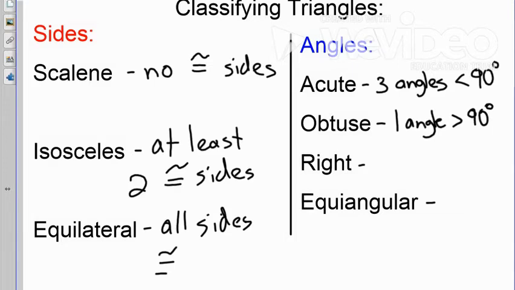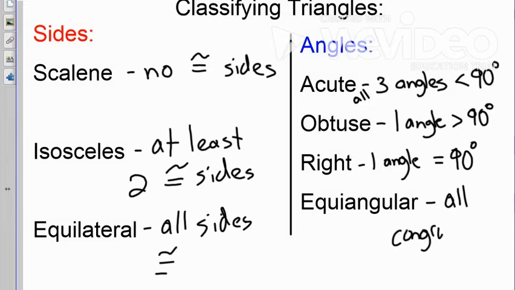So not all three, obviously that wouldn't be possible. I'm going to reiterate and say the acute triangle is all three angles. Okay, only one angle is greater than 90 degrees in an obtuse triangle, the rest would be acute. A right triangle, you guys should know that. One angle is equal to 90 degrees, so this would be if we had that right triangle symbol. And then an equiangular triangle is all congruent angles.